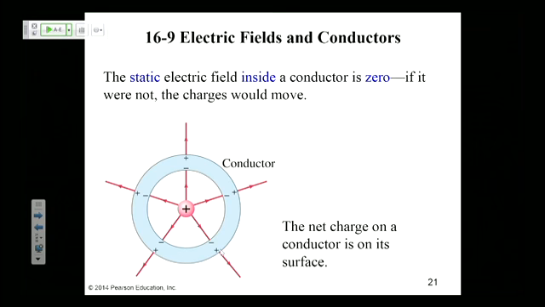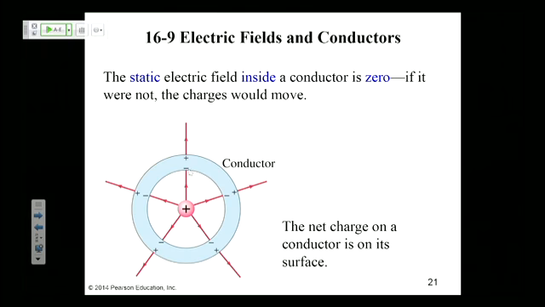To achieve equilibrium, no motion, the net field within the conductor must be zero, because zero field means zero force, right? This is achieved by having the field due to these charges within the conductor.